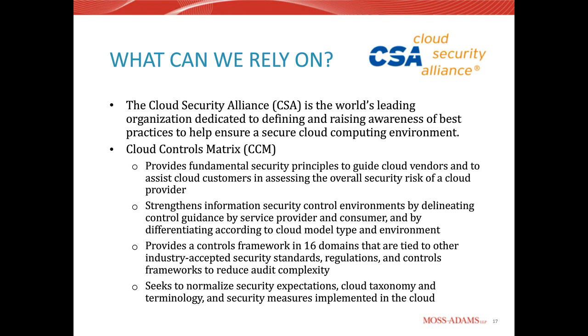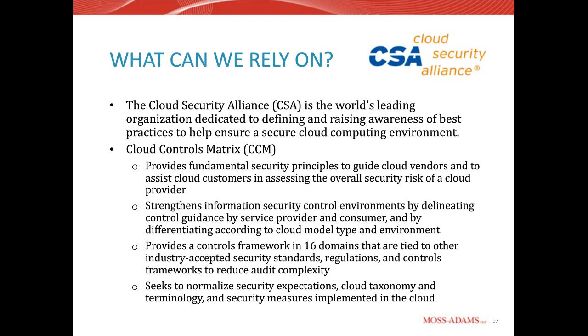The domains within the CCM include application and interface security, audit assurance, business continuity, change control, data security, human resources security, identity access management, and vulnerability and threat management, to name a few. So there's a number of them, and good controls under each of those domains.